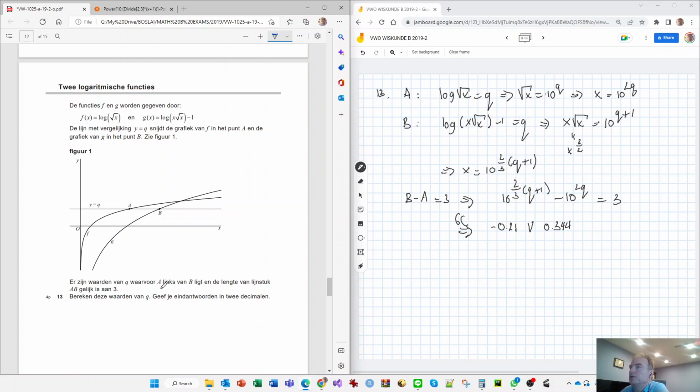No, there doesn't seem to be any restriction on q, so this should be the answer. And 2 decimals, so okay, so we have q this.